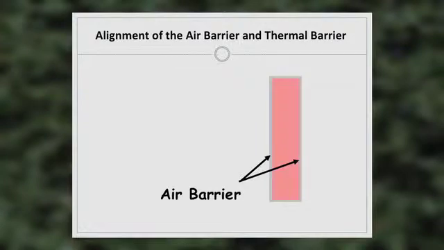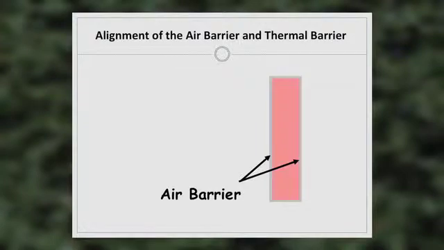More examples of air barriers are things like sheeting, OSB. Based on the location of where we're building really determines what kind of materials we're using for each one of these items. I want to talk a little bit more about the alignment of air barriers and a thermal barrier.